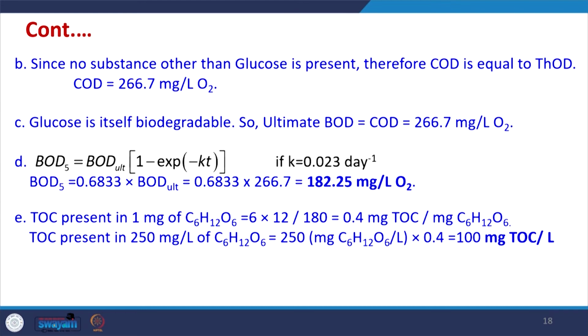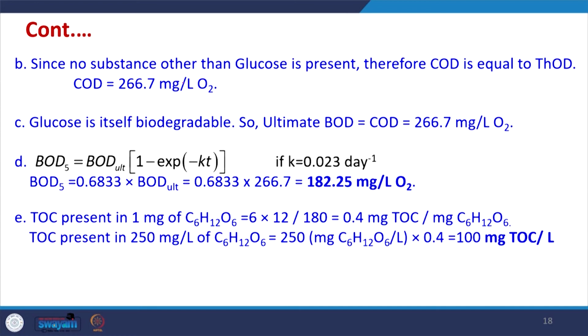Now, since no substance other than glucose is present, COD will be equal to THOD itself. Because there is no nitrogenous element, no sulfur, there is no additional requirement of oxygen. So, it is only 266.6 milligram O2 per liter, so COD will be the same as THOD. Now, glucose is itself totally biodegradable.